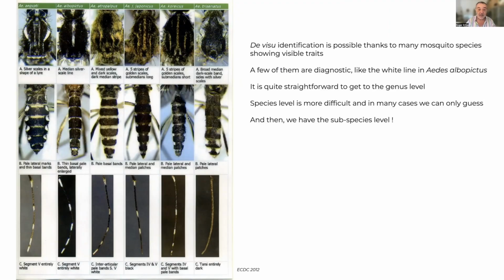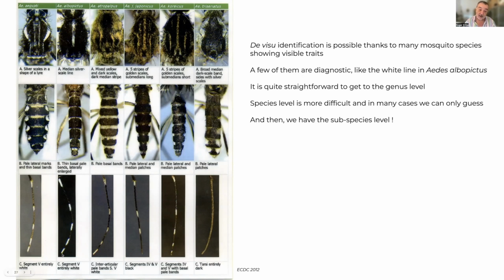In the case of albopictus, for instance, a few traits that you can see in this kind of picture are diagnostic, like this white line. So if we have a mosquito that has a white line and has white on the last segment of the leg, you can be 100% sure this is albopictus, even if it's only a picture, because these are unique characters and they are not easy to confuse with anything else.